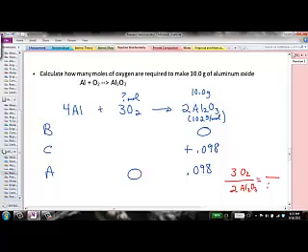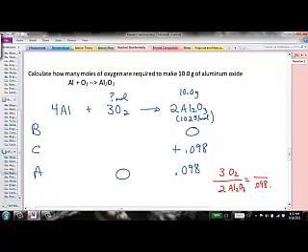And if I have 0.098 moles of the aluminum oxide, oxygen, okay, so I solve that. 3 times 0.098 divided by 2.